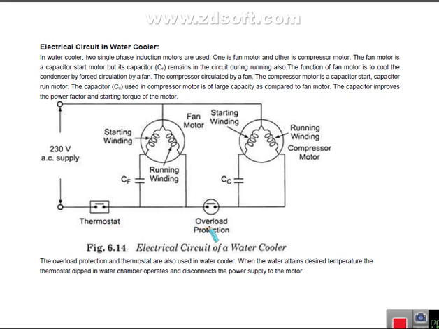Overload protection is the protection for the compressor motor, so that if our compressor works for a long time, the windings get heated up. To protect our motor from this heat failure, overload protection is provided.